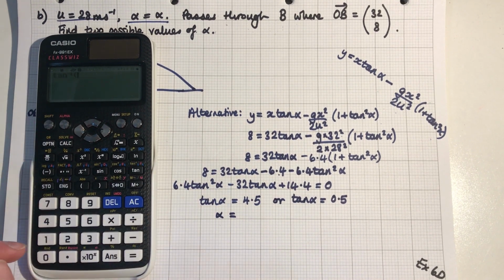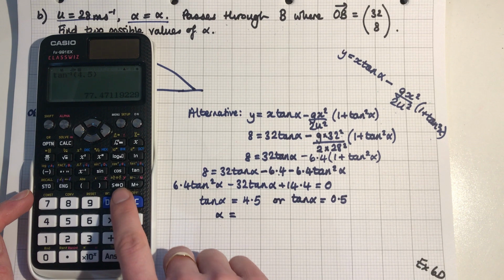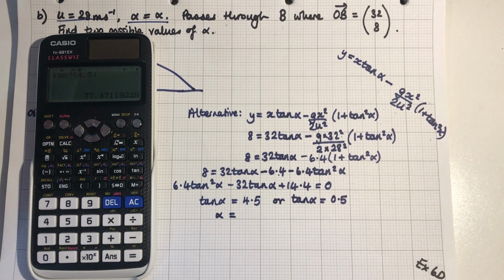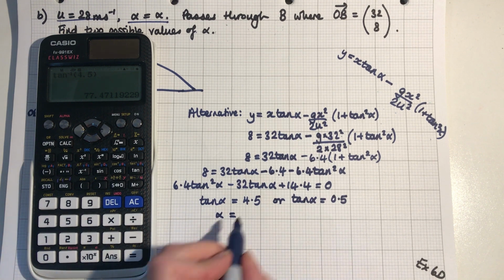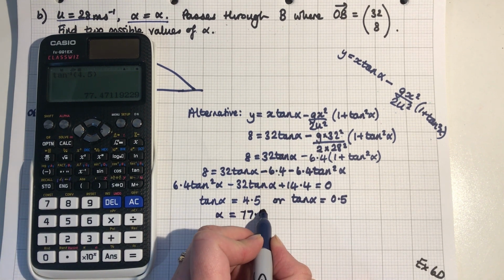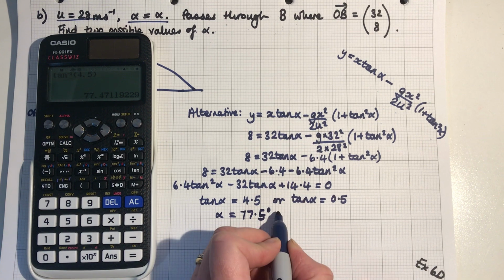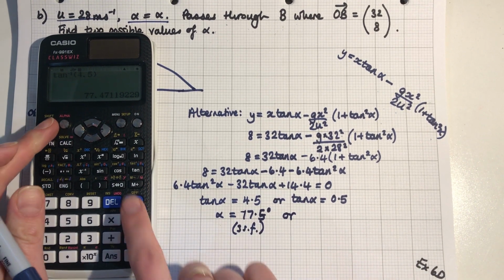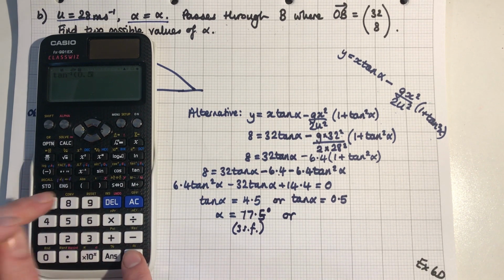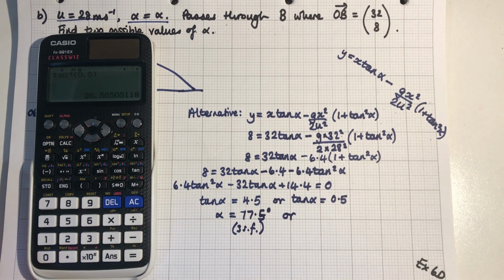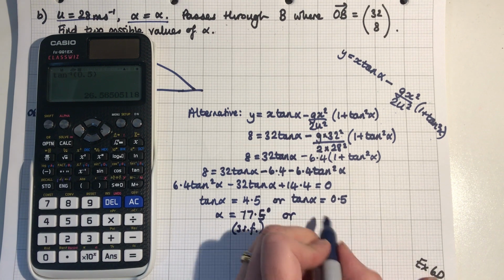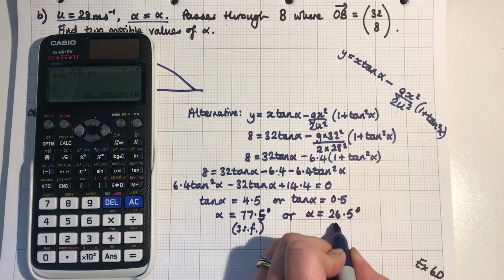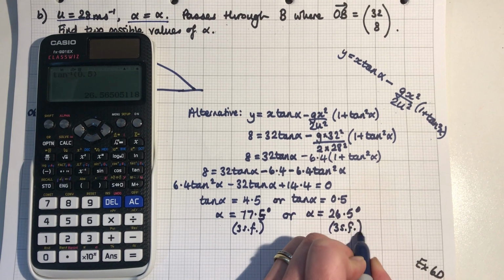So inverse tan of 4.5 gives me an angle of 77.4 degrees there. 77.5, sorry, rounding to 3 significant figures. Or, for the other one, inverse tan of 0.5 gives me an angle of 26.5 degrees to 3 significant figures. Now what's going on here?